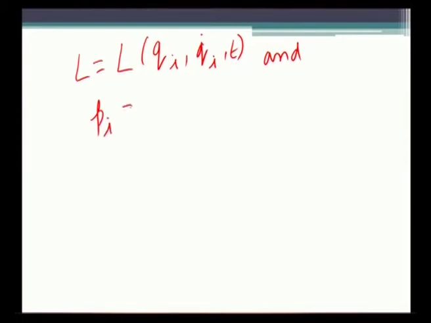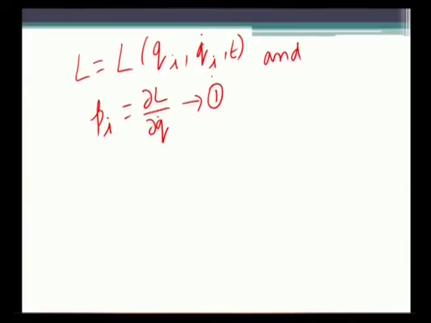We know the Lagrangian. Lagrangian L is equal to L of qi, q dot i, t, and pi is equal to dou L by dou q dot. Keep this as equation 1.